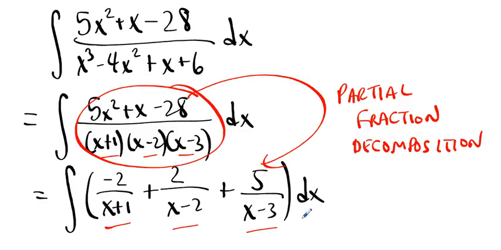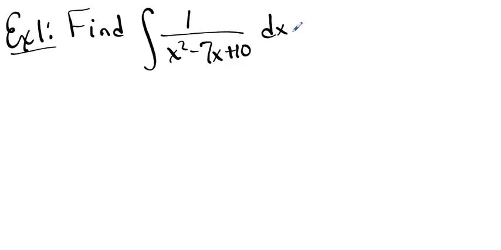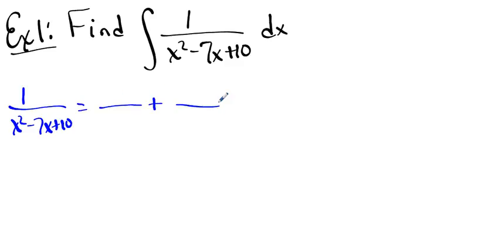How do we do that? Well, consider the following. Bill Nye the Science Guy. The integral of 1 over x squared minus 7x plus 10 dx. How do we do this? Well, what we'd really like to do is turn this into the sum of two other fractions whose denominators are the factors of x squared minus 7x plus 10.